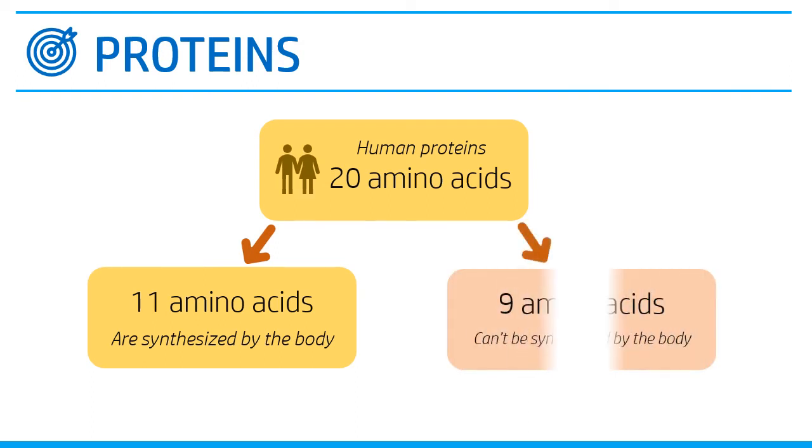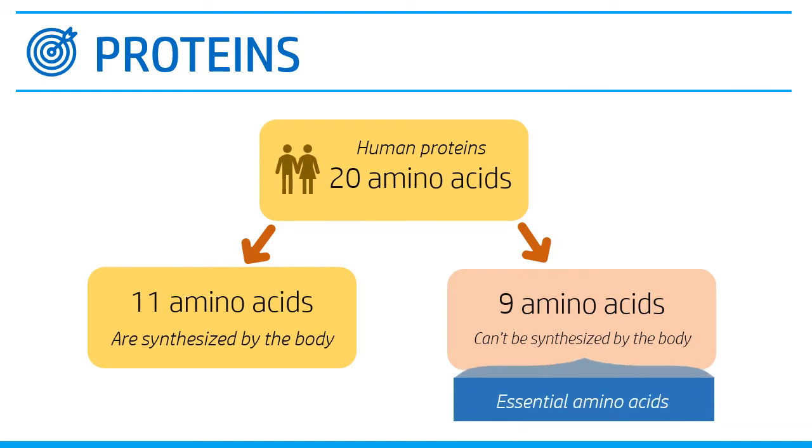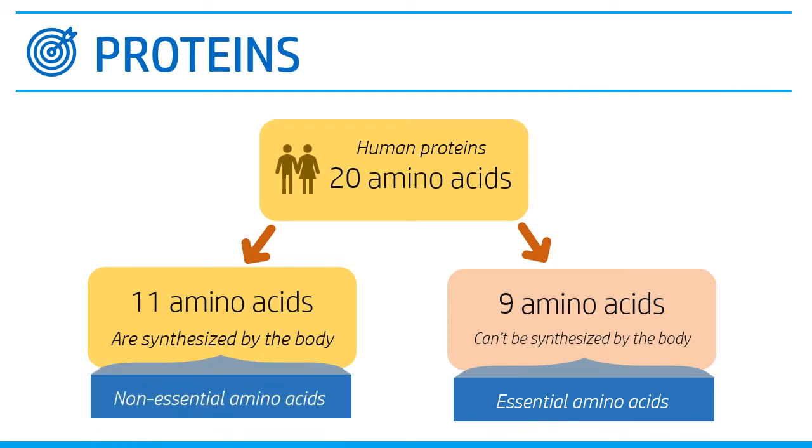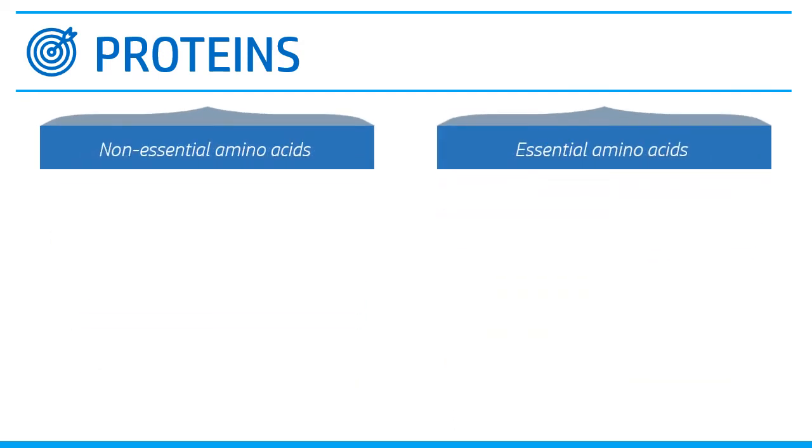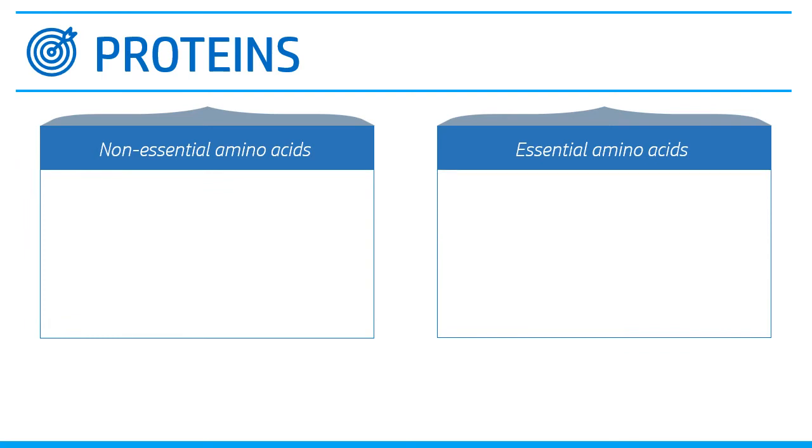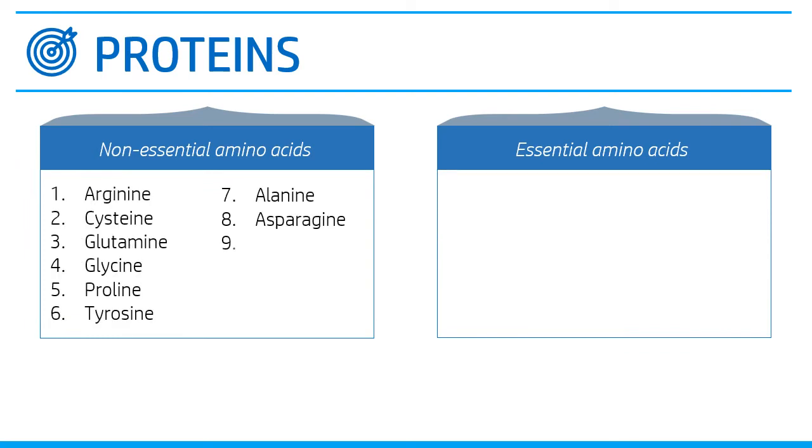The remaining 9, however, can't be manufactured, so they must come from the food that you eat. Because of this, they're called essential amino acids, and the other 11 are called non-essential amino acids. Don't get confused though. All of these amino acids are important to keep your body fit. This is the list of the non-essential and essential amino acids present in human proteins.